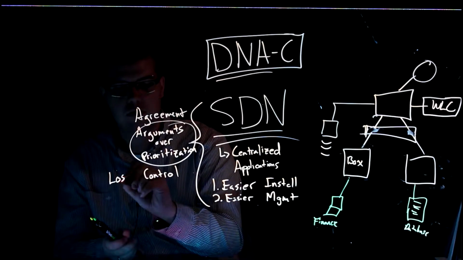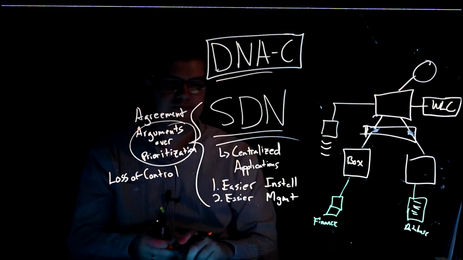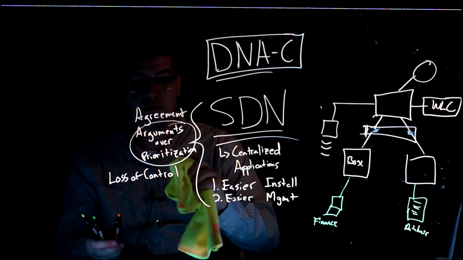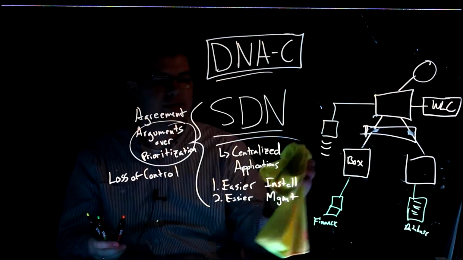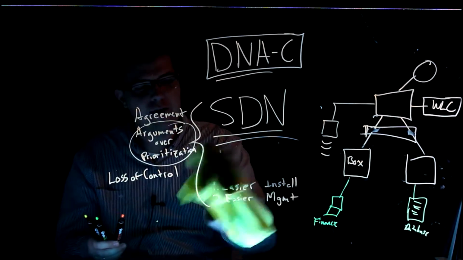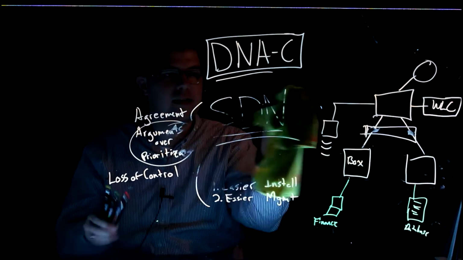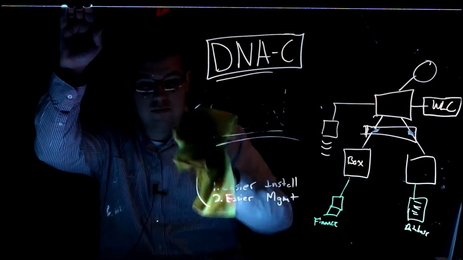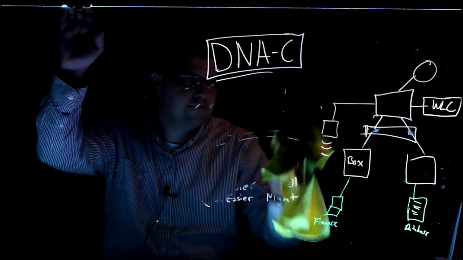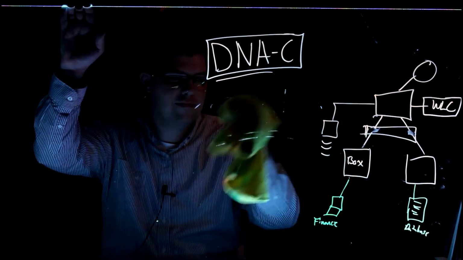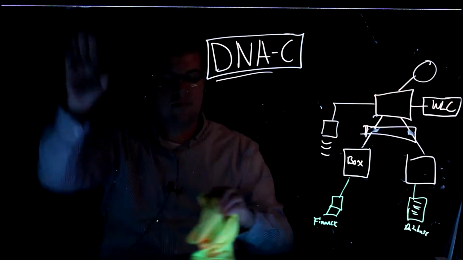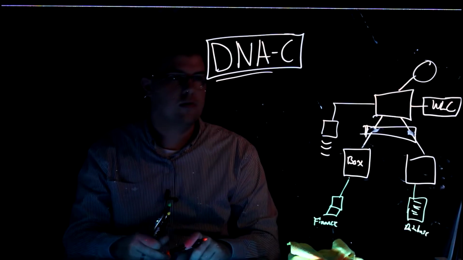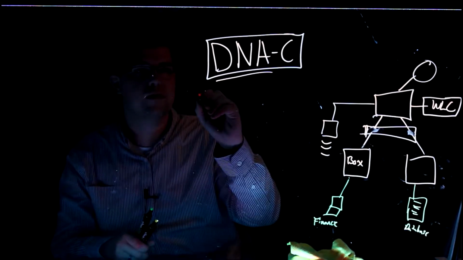So Cisco said, well, you know what, that's a good idea. I like the idea of centralized control. I like the idea of making things easier to manage, but this SDN thing is not working out. It just needs to go away. So let's try something a little bit different.